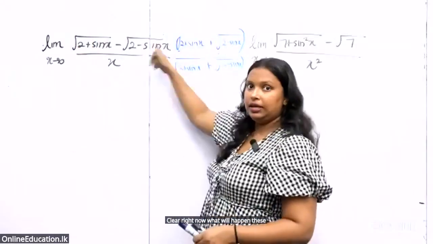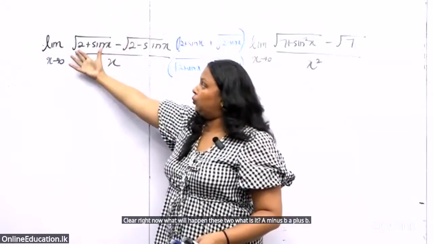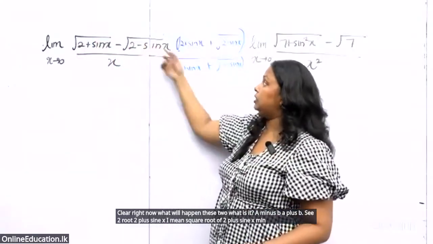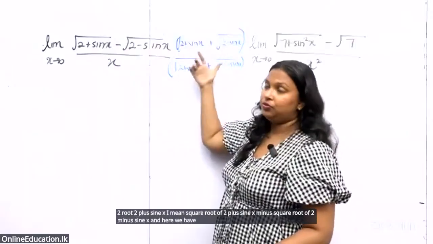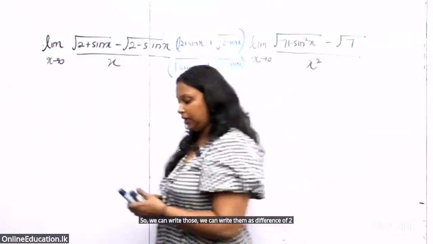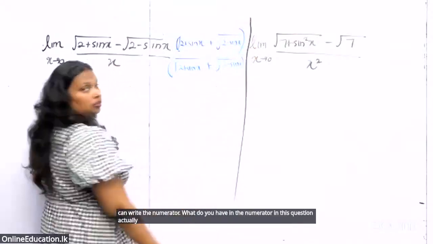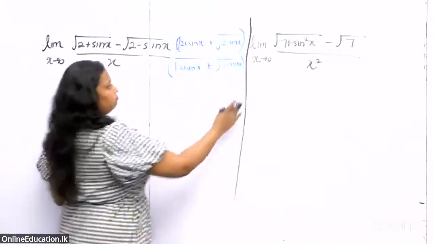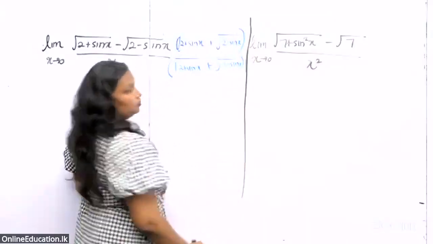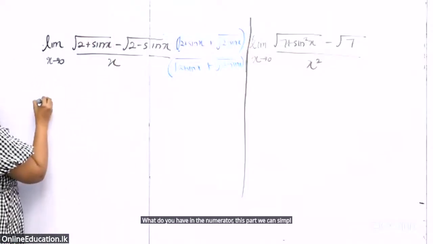These two, what is it? A minus b, a plus b. See, square root of 2 plus sin x minus square root of 2 minus sin x, and here we have the sum of those two. So we can write them as difference of two squares. Clear? We can write the numerator. What you have in the numerator, this part we can simplify and further write like this.